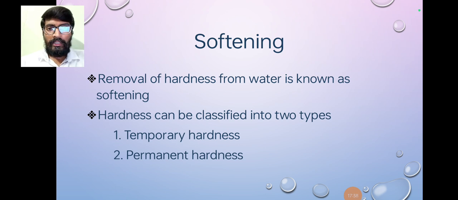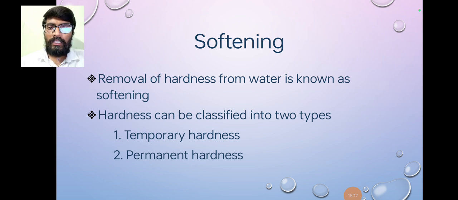Temporary hardness is due to the presence of carbonates and sulfates of calcium and magnesium, and permanent hardness is due to the presence of chlorides and nitrates of calcium and magnesium. Temporary hardness is removed by the boiling method, and permanent hardness is removed by the ion exchange method, zeolite method and demineralization method.